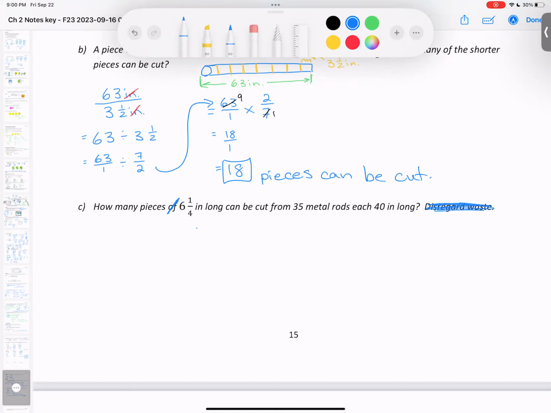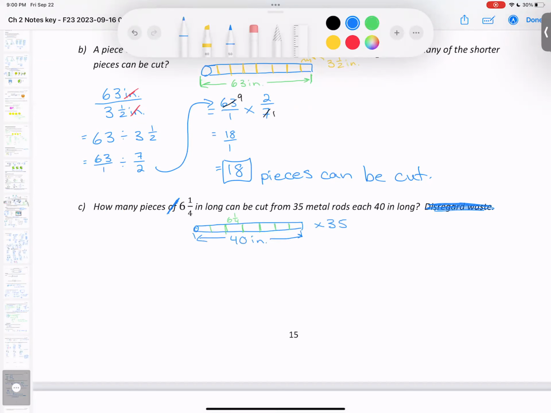So now we have metal rods that are 40 inches long. Okay, and there's 35 of those. And we want to know how many pieces that are 6.25 inches we can cut from that. So each of these is 6.25.